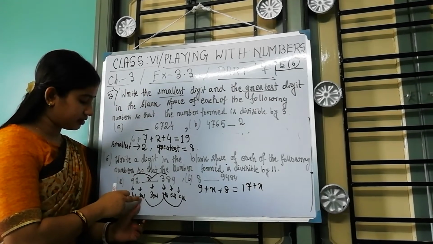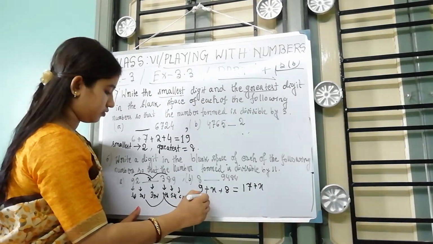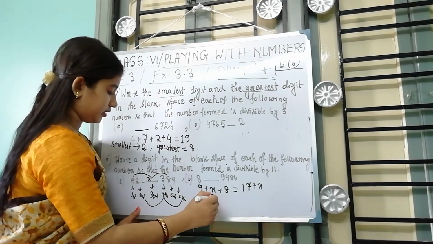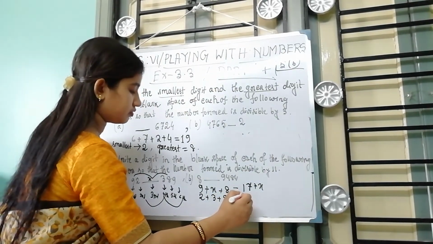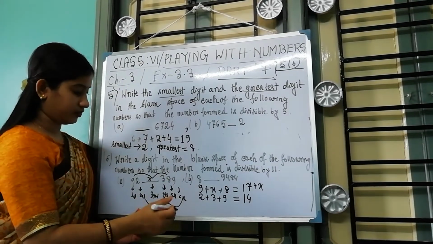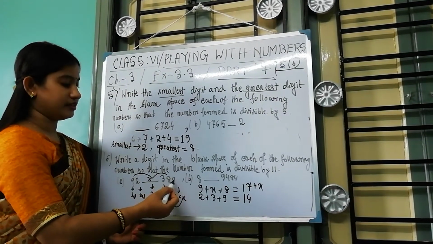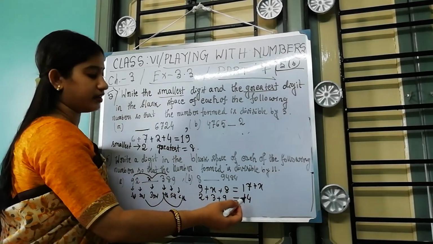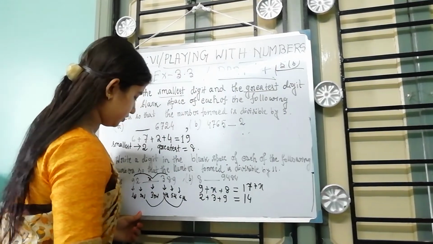Now the next sum is second, fourth and sixth. The second digit is 2, fourth is 3, sixth is 9. This is 2 plus 3 plus 9, which is 14.